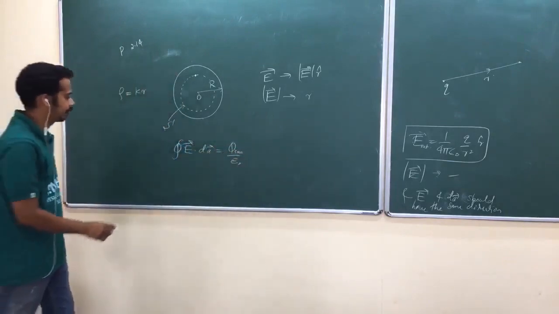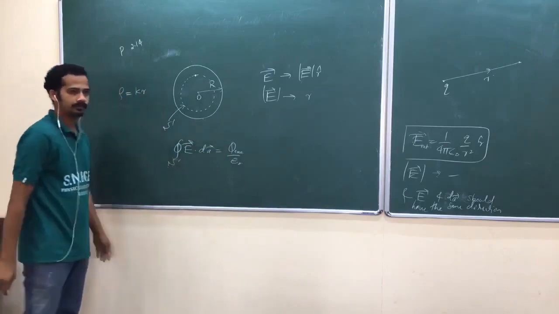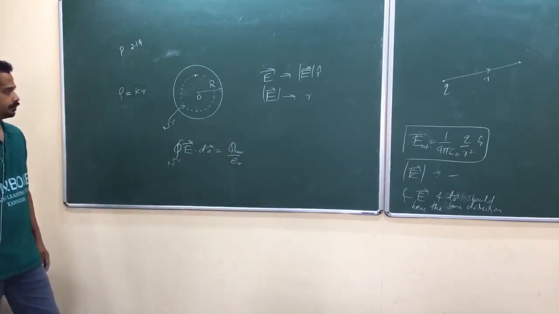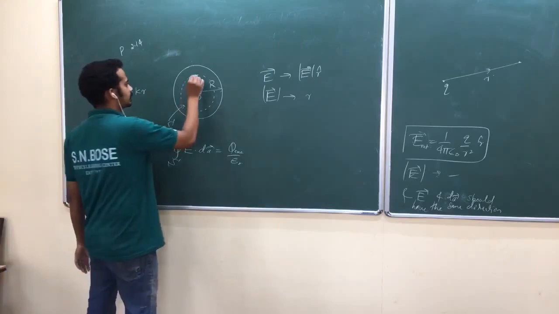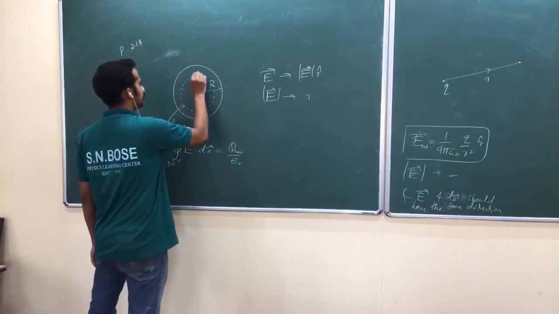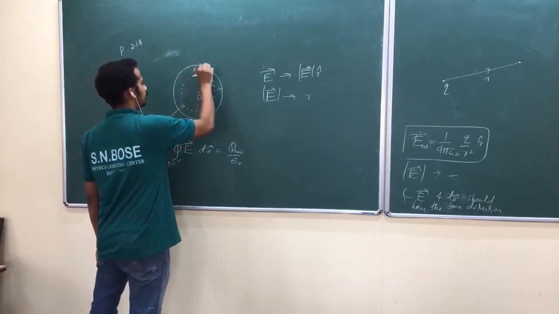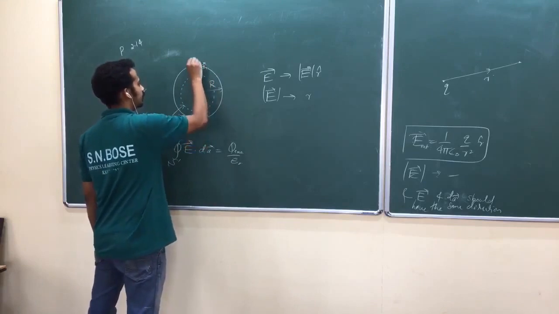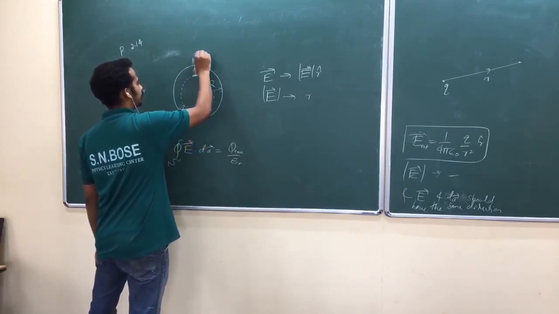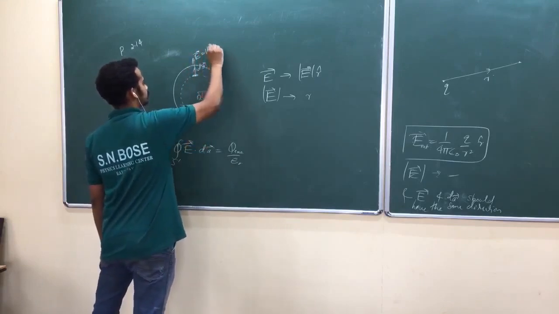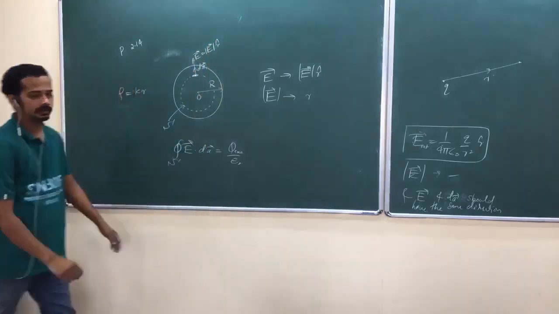Now again, all arguments are the same. Your dA vector is radially outward, along R cap, and your electric field is also radially outward, isn't it?